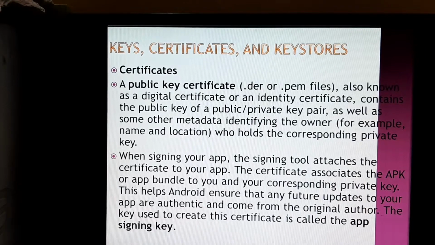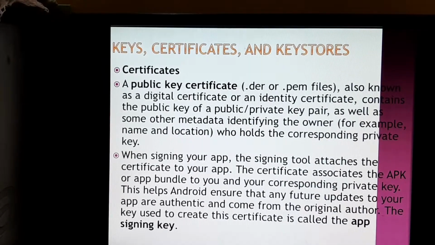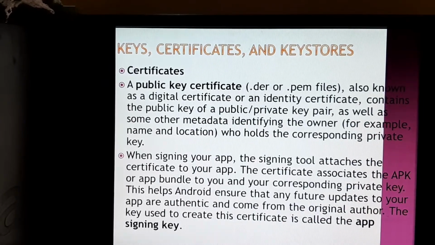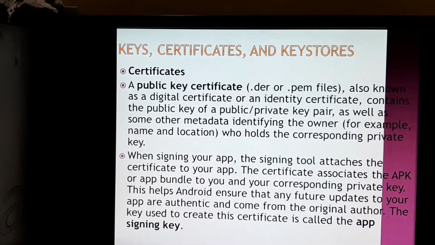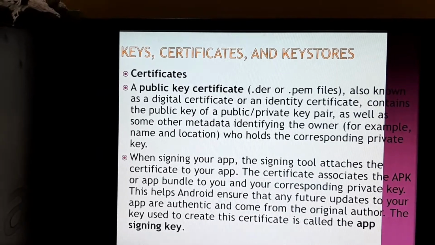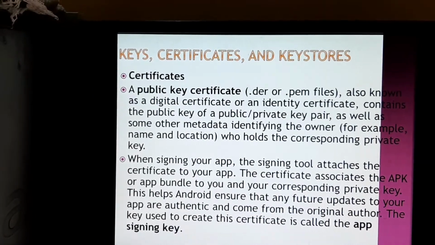When signing your app, the signing tool attaches the certificate to your app. The certificate associates the APK or app bundle to you and your corresponding private key. This helps Android ensure that any future updates to your app are authentic and come from the original author.